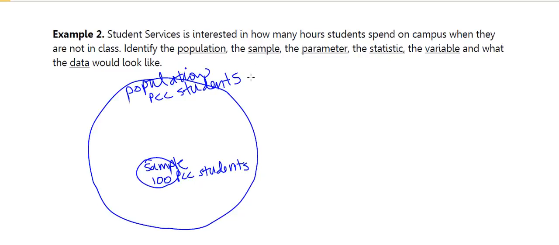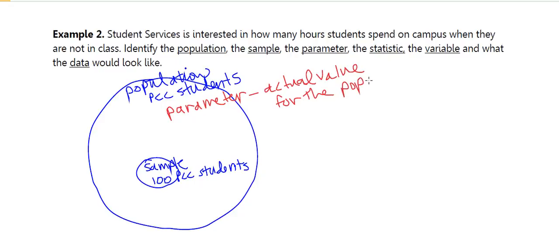So the parameter is the actual value for the population. So parameter goes with population, which is nice because they both start with P. Parameter, population.